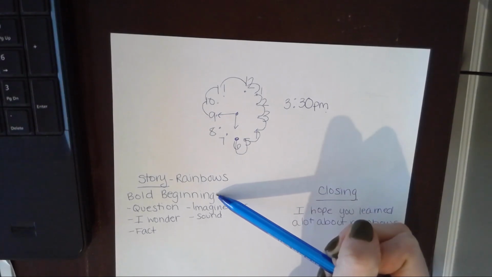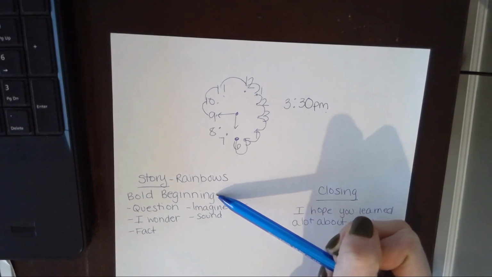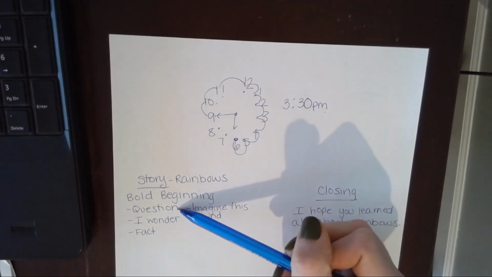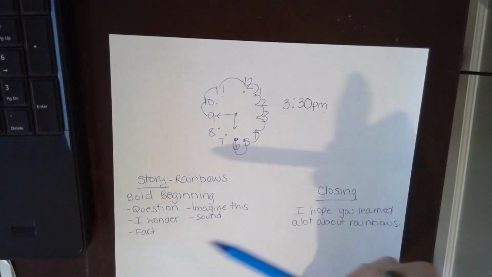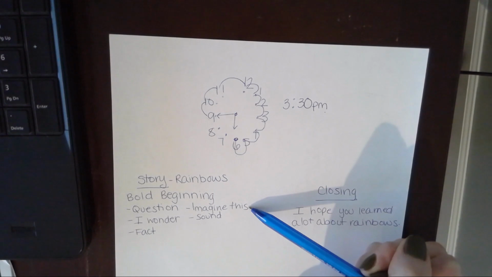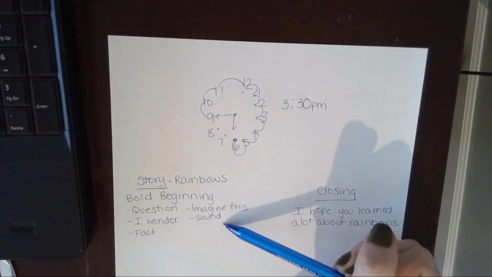So remember, we talked about bold beginnings, and that's a fun way to start any piece of writing. You can start with a question, an I wonder, a fact, imagine this, or a sound. Now, all of these aren't going to make sense in this story.